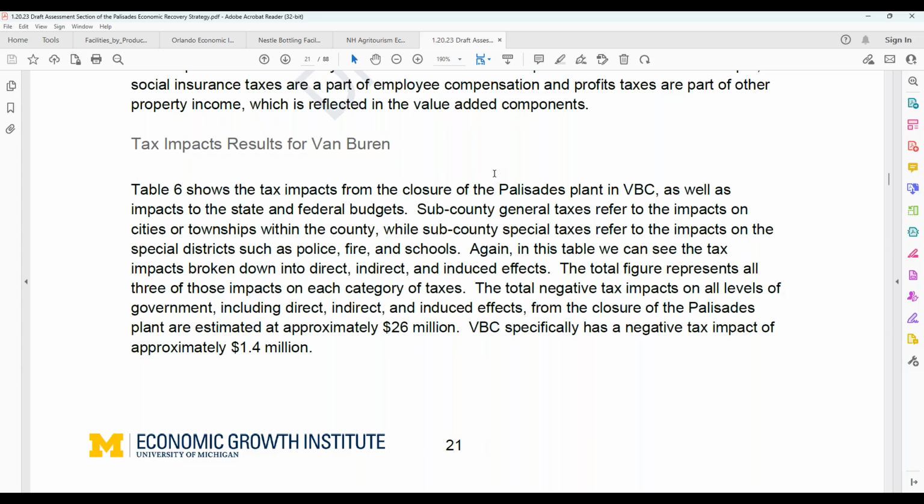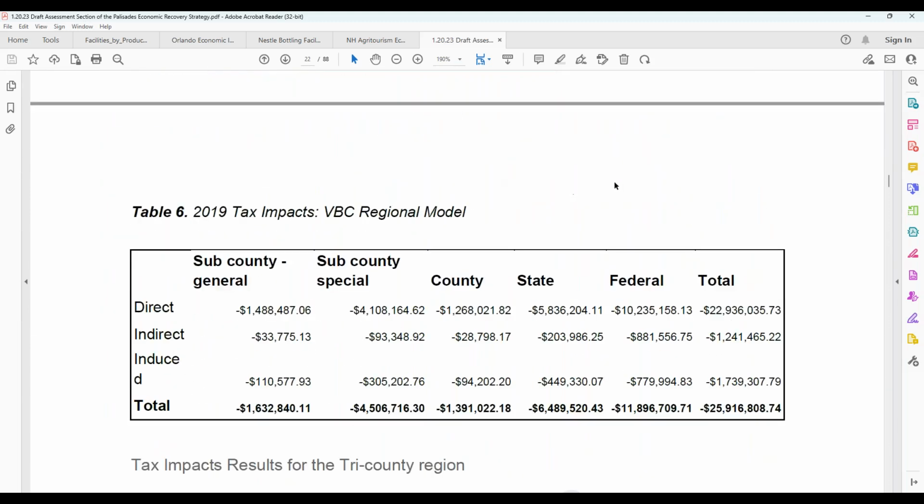When looking at the tax impacts in particular, people will certainly understand that those working for the nuclear power generation facility would be earning an income and paying income tax on that. But what this report does very well is look at the direct, indirect, and induced taxes at these different levels, with the induced being all of those employees who no longer have an income from the nuclear facility to spend on local clothing stores and grocery stores.